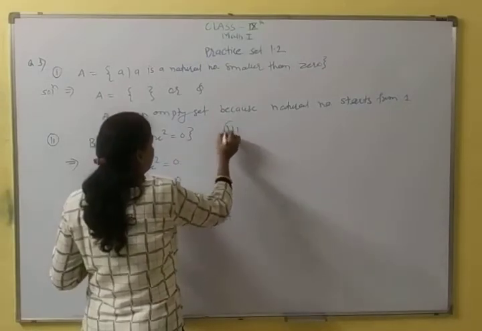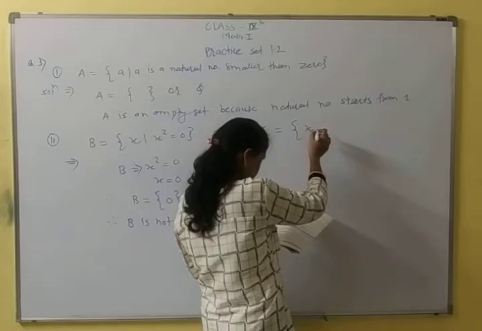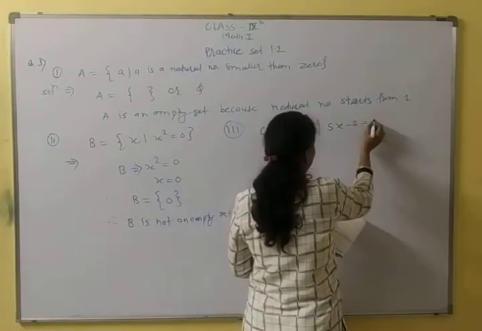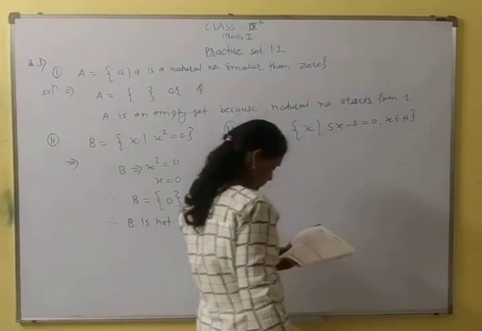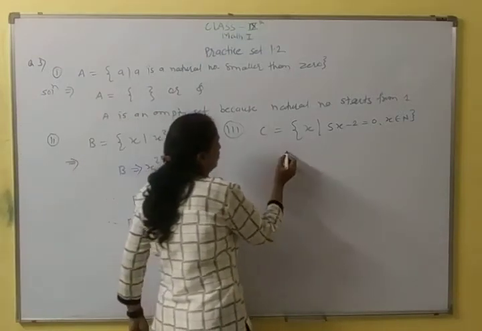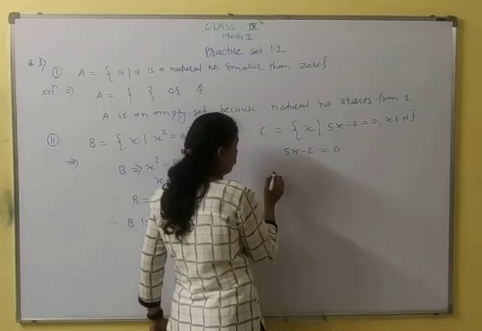Here, third, C is a set of all x such that 5x minus 2 equal to 0, x belongs to N. So solve this. Here 5x minus 2 equal to 0, then find the value of x.